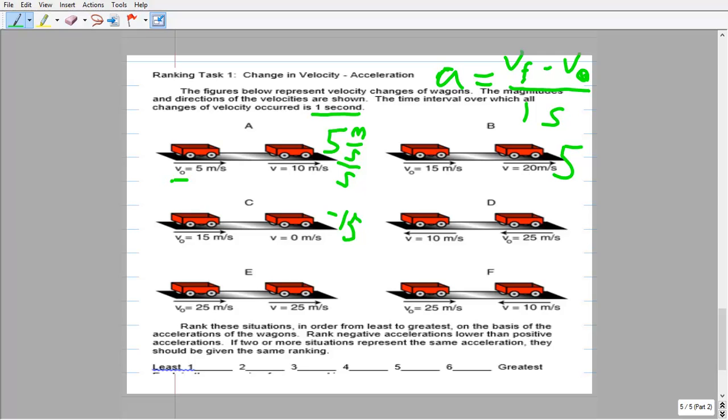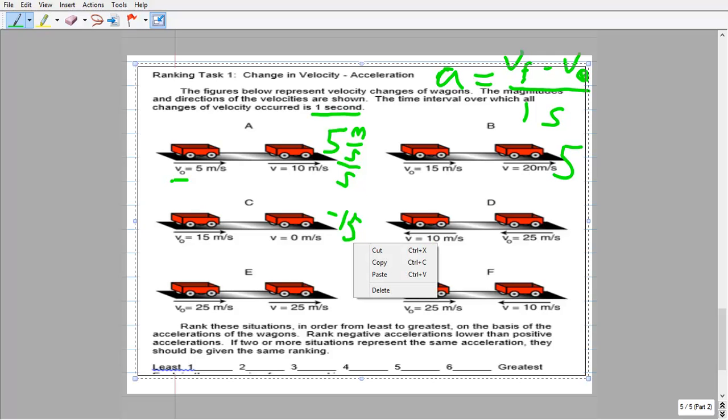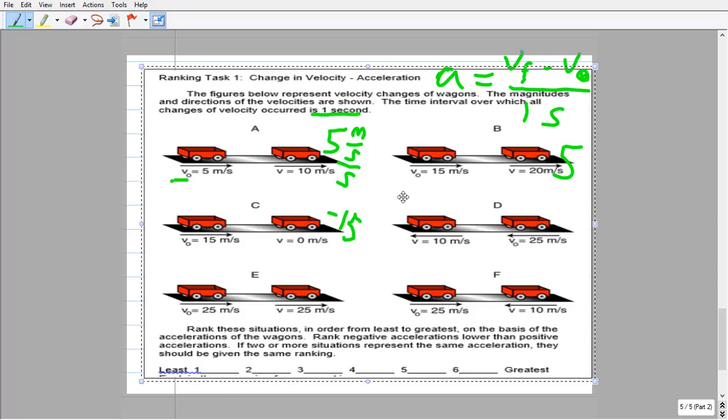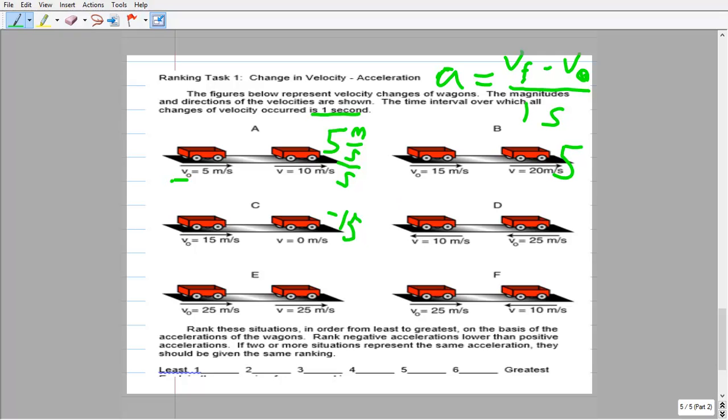You take your final velocity, which is negative 10, because it's going to the left, minus my initial velocity, which was negative 25. And negative 10 minus a negative 25 is really like negative 10 plus 25, so you wind up with plus 15 as your acceleration.